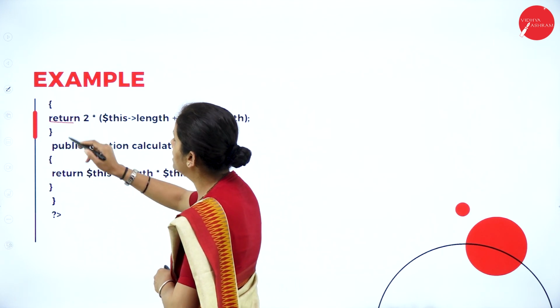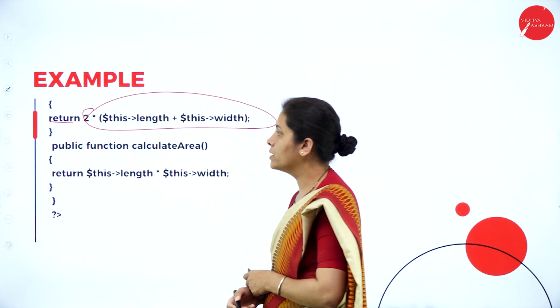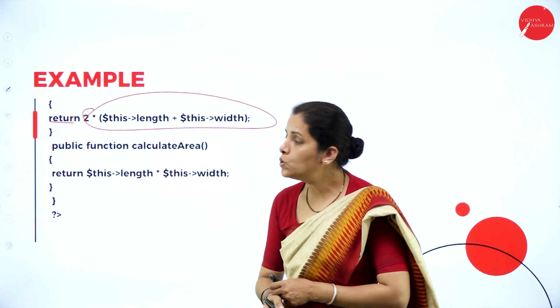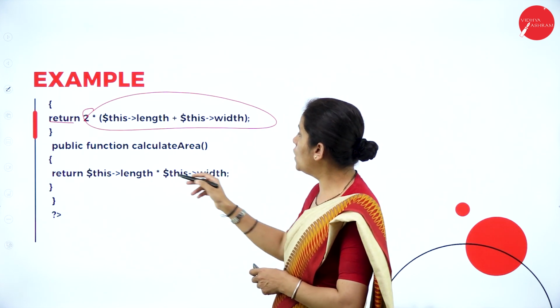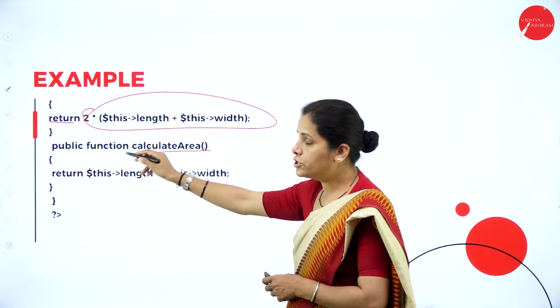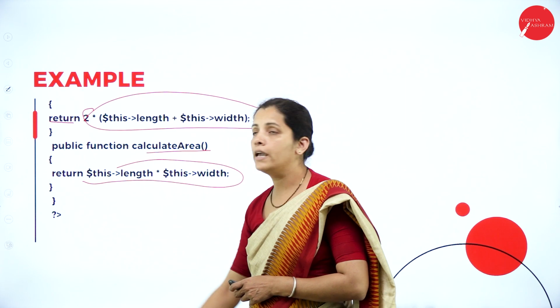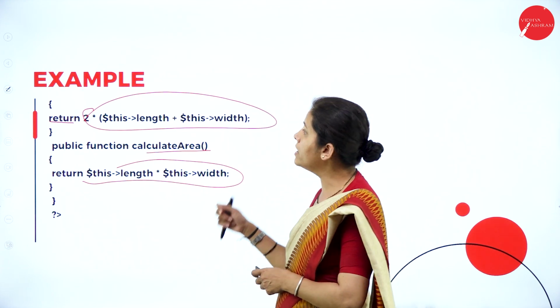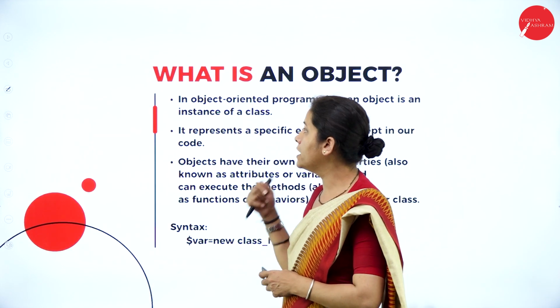So I'll write return, I'm going to find the perimeter. Then once again, I have the user defined method called calculate area. It's also a user defined function, and I'm going to calculate the area. This is the way I can create a class in PHP.